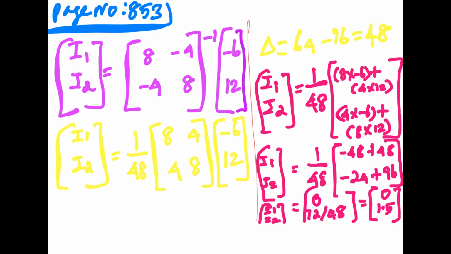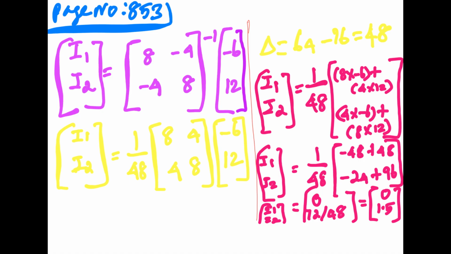That is very important. Take the inverse of that 2 by 2 matrix. To get the inverse matrix we first obtain the determinant value, the cofactor matrix, multiplication of matrices, and divide by the determinant. The determinant value is 8 into 8, 64, minus of minus 4 into minus 4, 16, so 48.